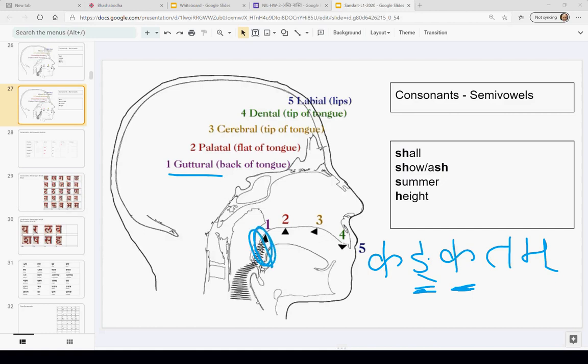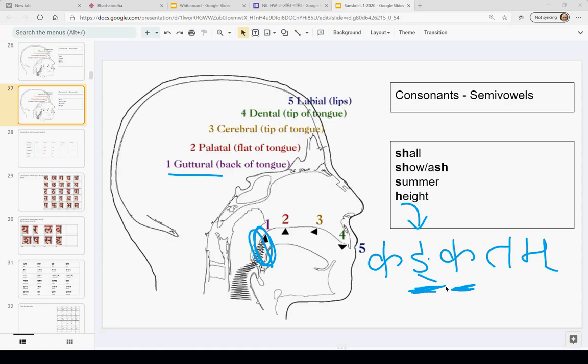Because it is Kanthya, this portion is involved. Because of the Kanthya, we need a Kanthya nasal letter, anunAsika. This is called anunAsika, which is also Kanthya.